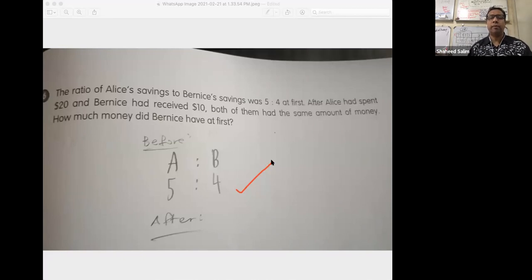Ilhan, Zain, you can draw a model for the next one. Are you okay, Zain? Am I going too fast? You draw a model. Ilhan, you try to draw a model for them.